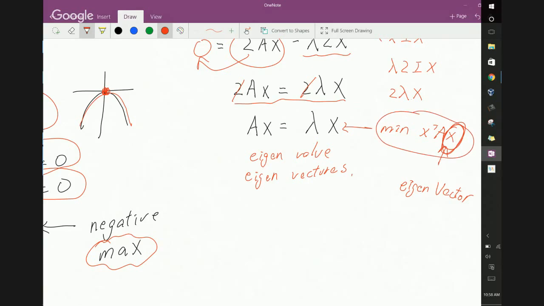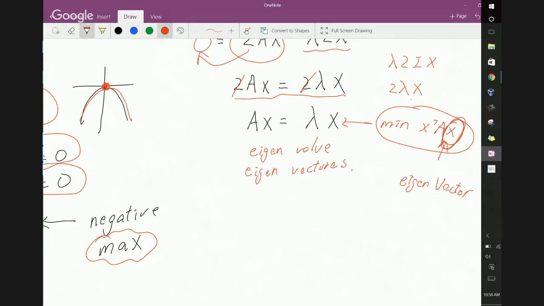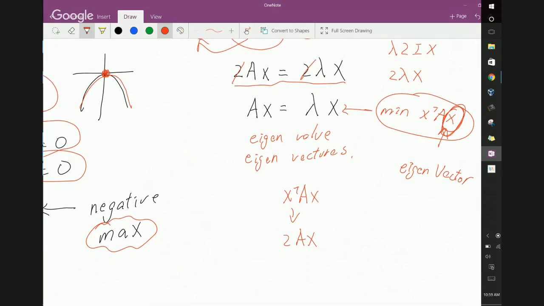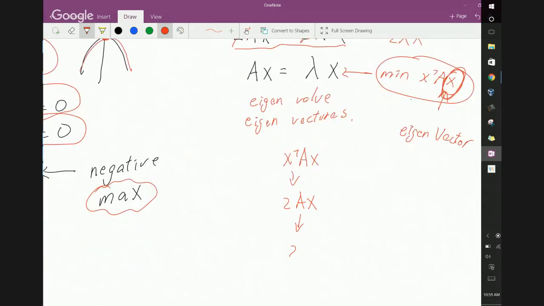Now, of course, similarly, we don't know if this will be a minimum or a maximum. So if we take the derivative of this, right, it becomes 2Ax. Now, if we take the second derivative, it becomes 2A.